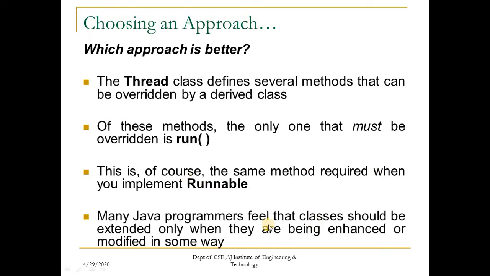Many Java programmers feel that classes should be extended only when they are being enhanced or modified in some way. So a programmer should go for extending the Thread class only when they want to enhance or modify the Thread class in some way.